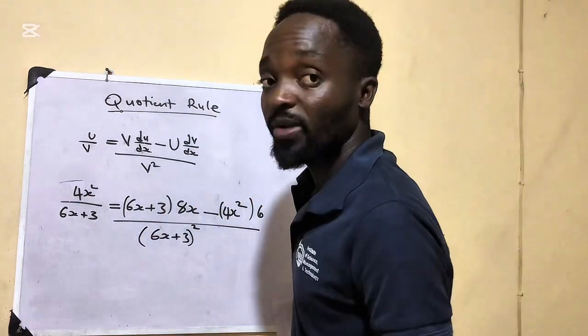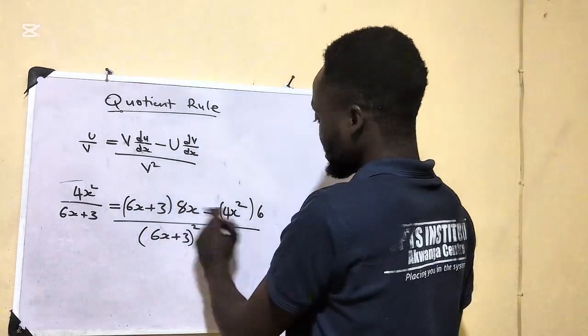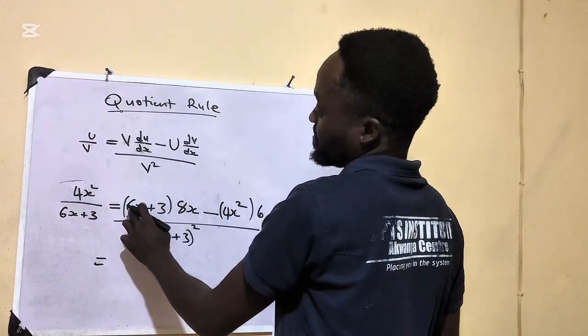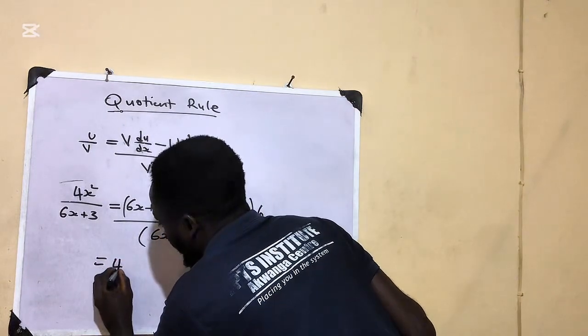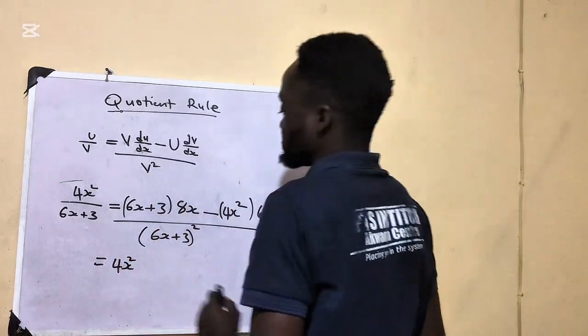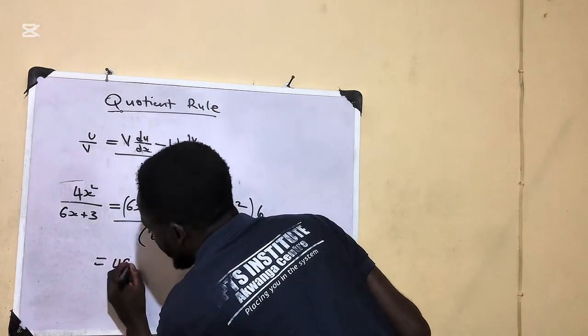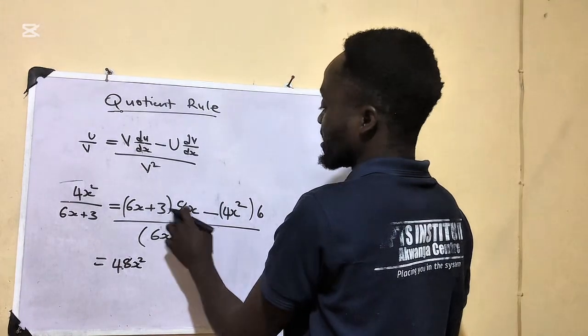So this is how you apply the rule. Next thing we are going to do is open the bracket and multiply these terms. 8x times 6x is going to give us 48x squared. Then we also take 8x and multiply by 3.